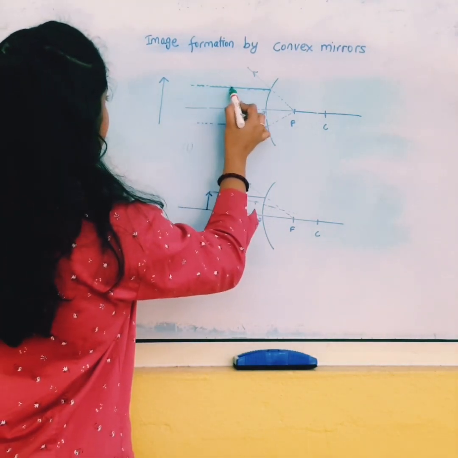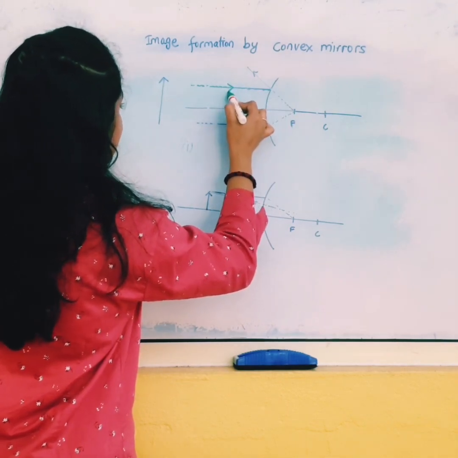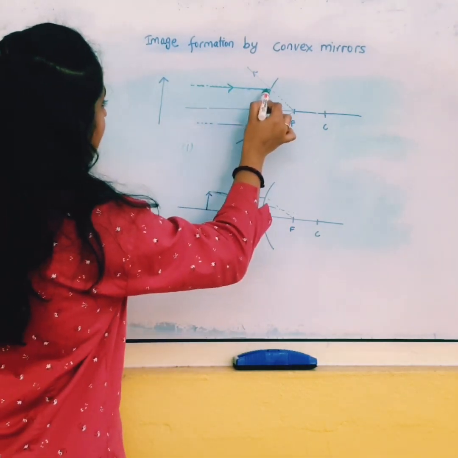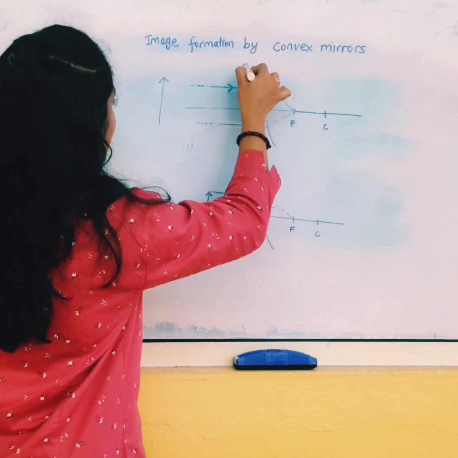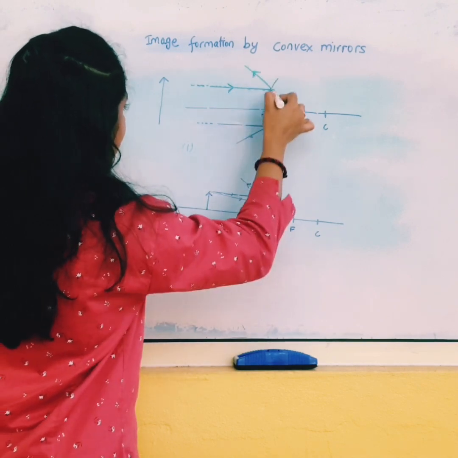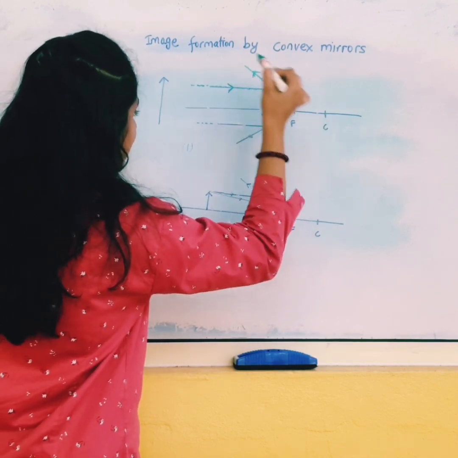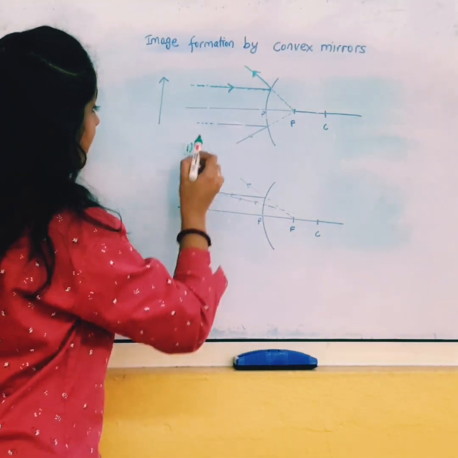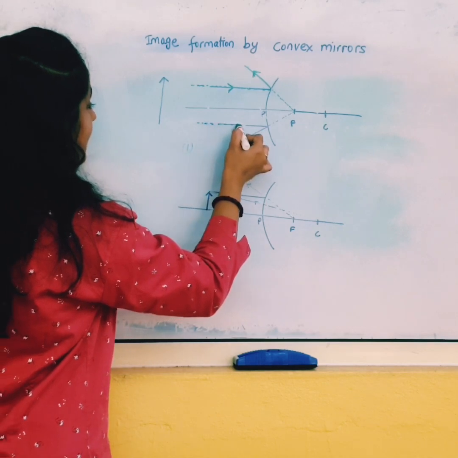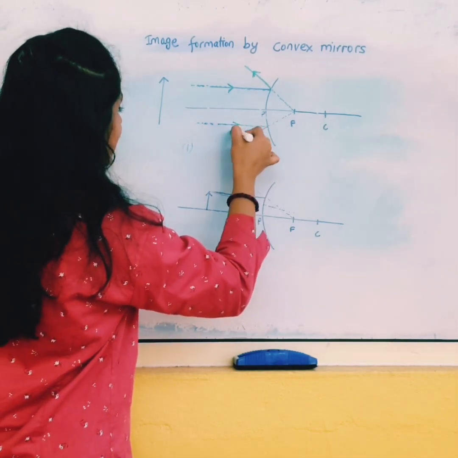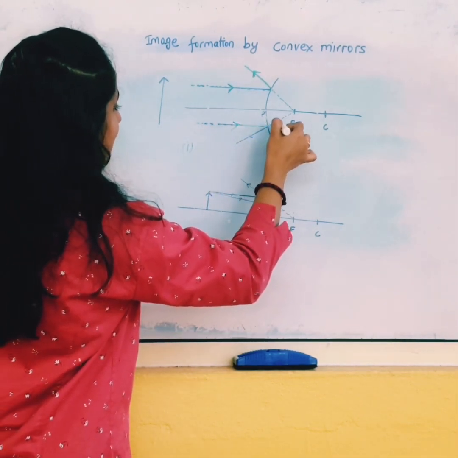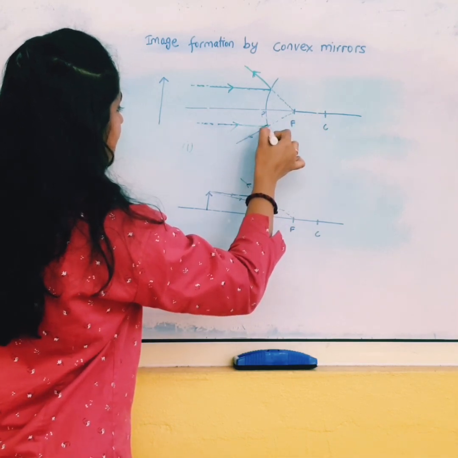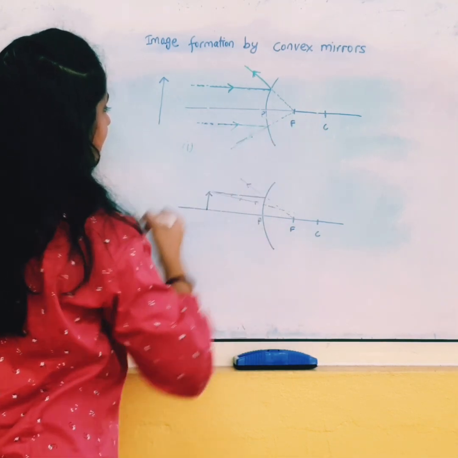So the first ray comes parallel to the principal axis, and after reflection it will go in this path and appear to diverge from the principal focus. This is the first ray. The second ray again is coming parallel to the principal axis. After reflection it will appear to diverge from the principal focus, and this path it will take.